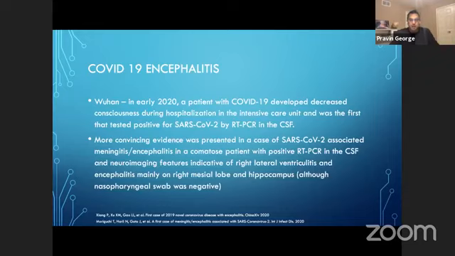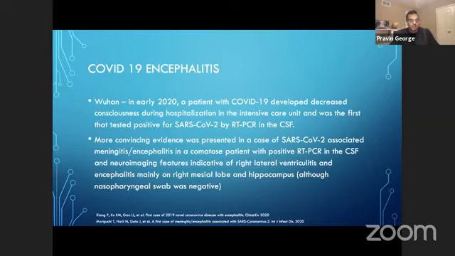These are both novel cases in that they have a positive PCR in the CSF. Because what we're starting to realize, and I'll get into this more in the neuropathological findings, is that more often than not, CSF is not showing PCR positivity.